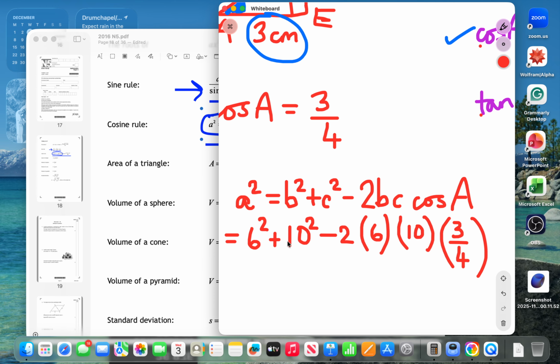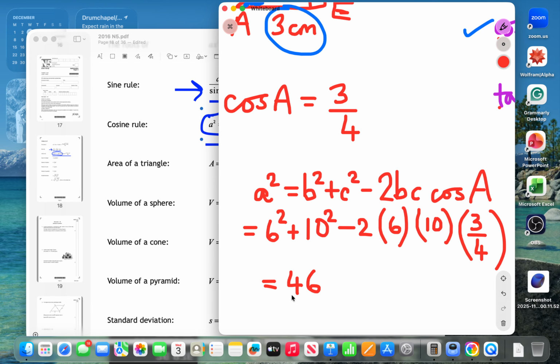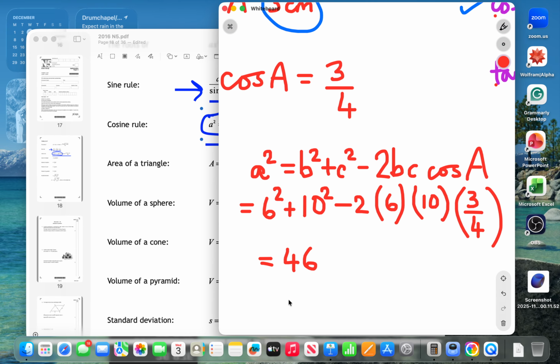And the answer you get is 46. You get 46. So A squared is 46, so A is the square root of 46.